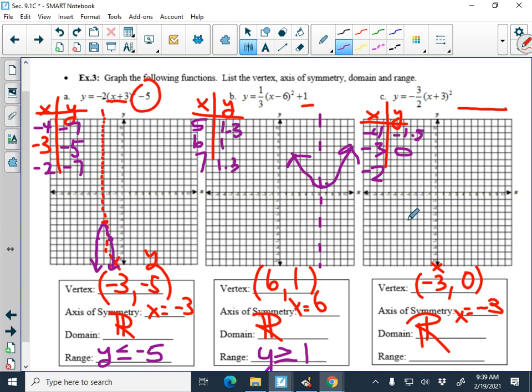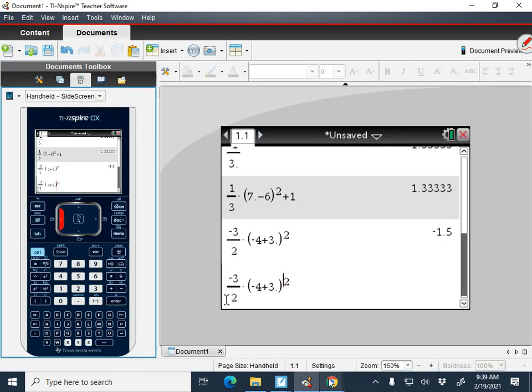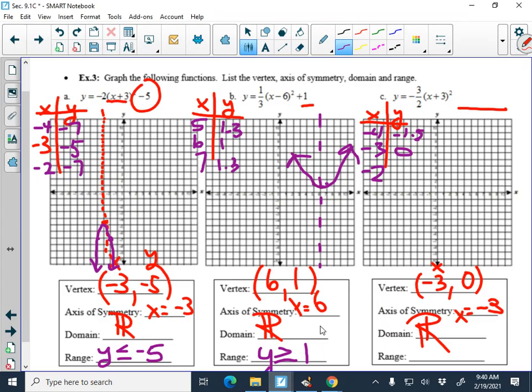If I've done it right, when I put in the -2, I should get the same thing. I change this to a -2, and I get -1.5. So because I got the same thing, I feel good that I'm able to graph this.